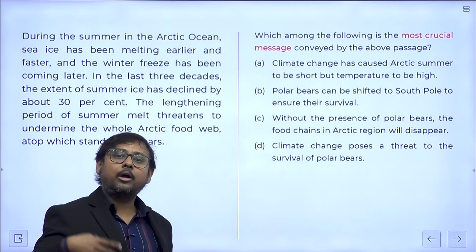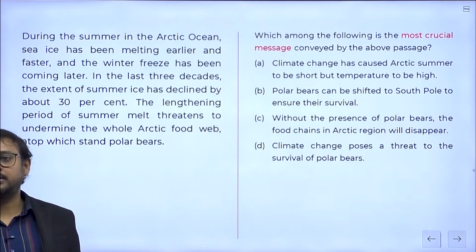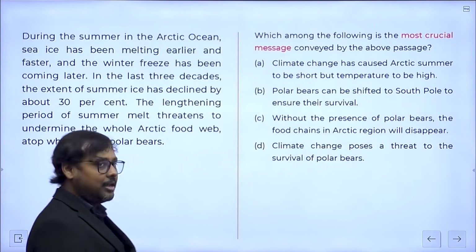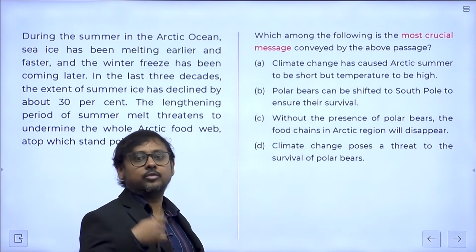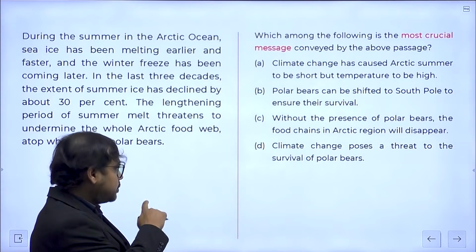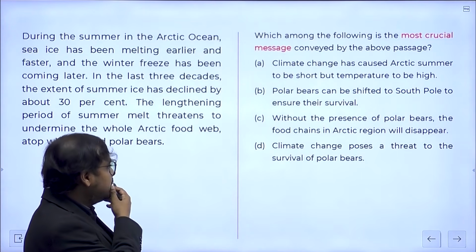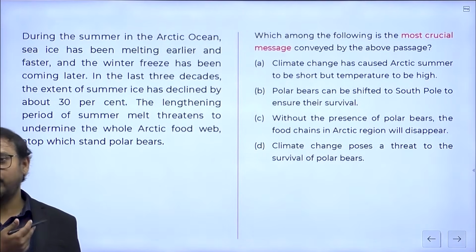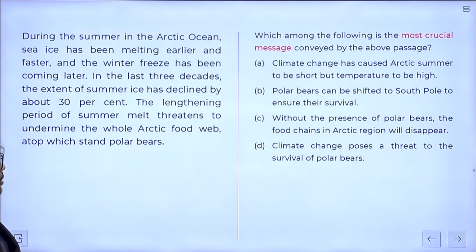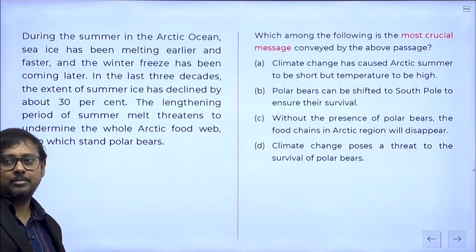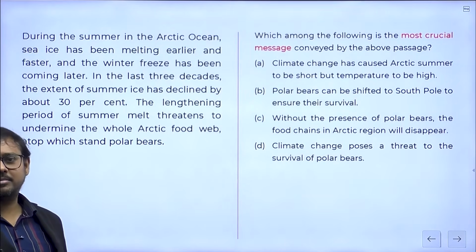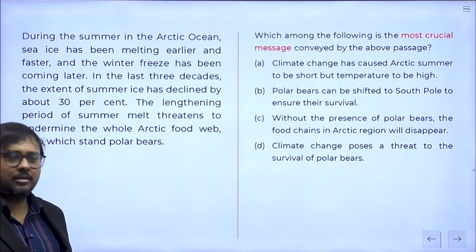As we go along, I'll tell you how UPSC frames incorrect statements. Keep these things in mind. The PPTs में रहेंगे, you can write it also. Causality is something that UPSC uses to frame incorrect statements. ठीक है. Now why option B? Everybody knows why option B is incorrect, because it says polar bears can be shifted to the South Pole to ensure their survival. मतलब outside knowledge. ठीक है, मतलब there is no discussion of shifting.